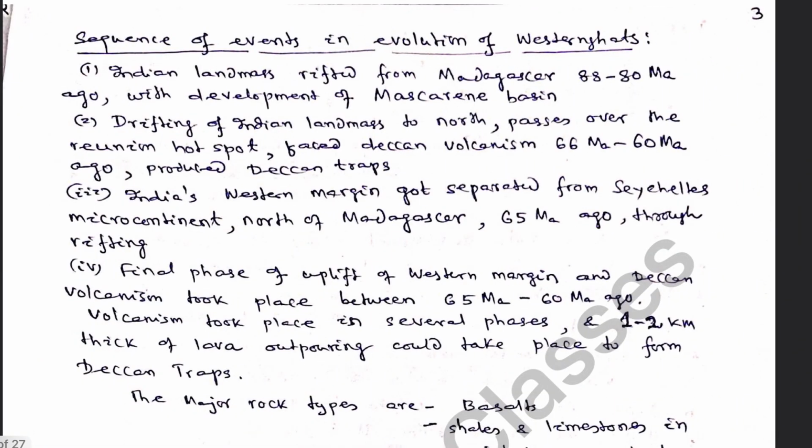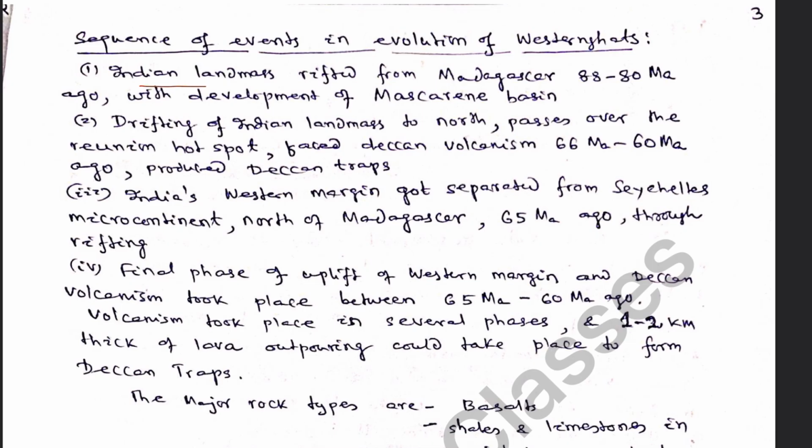So let us discuss how these Western Ghats came into existence, or the sequence of events that took place in the evolution of Western Ghats. Indian landmass was a part of the southern supercontinent Gondwanaland. Rifting of that landmass took place towards the middle of the Mesozoic.